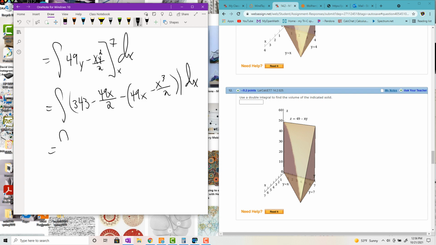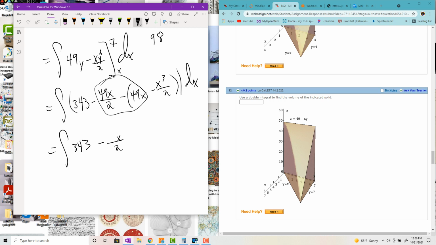Okay, that looks okay. Integral 343, I can combine these two, right, into negative 49x over 2. Or actually, it's going to be bigger. I subtracted them. It's minus minus. 49 times 2 is 98.